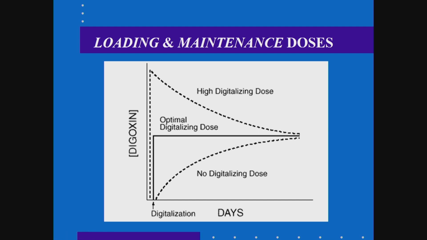So this illustrates the fact that the loading dose does not determine what the concentration is going to be at steady state. And now we're illustrating another useful estimation, namely that 90% of the steady state level with continuous drug administration will be achieved in approximately 3.3 half-lives for that particular drug.